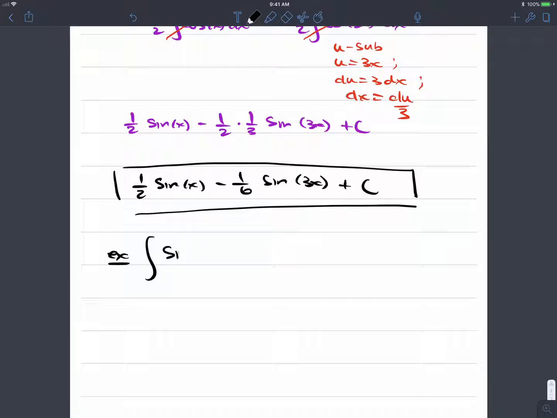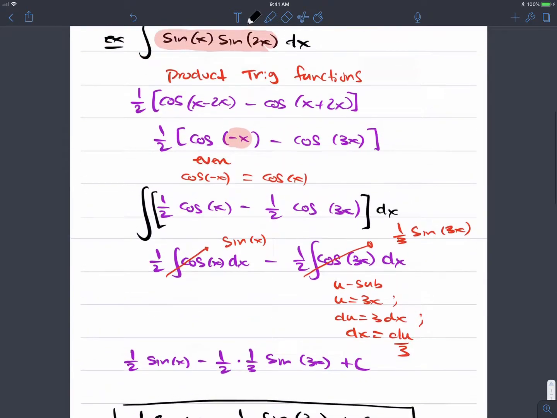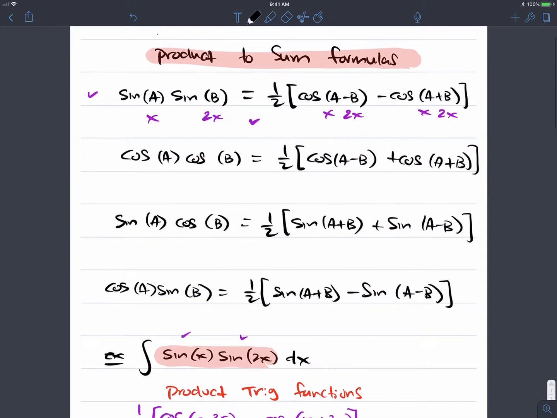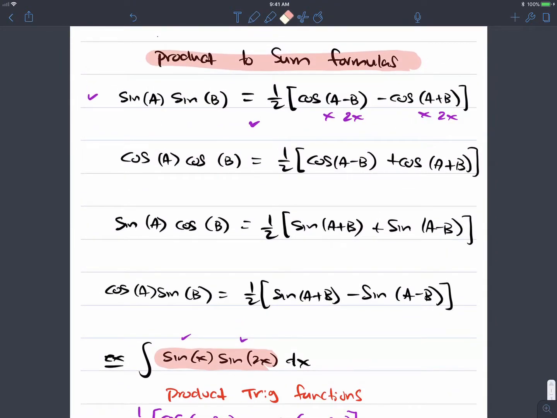If they give us maybe sine of 4x sine 3x dx. So here's an example where if I write my x's a bit more noticeable, we're going to use the same exact product to sum, because again we have a product of two sine functions. We're going to use the same exact formula.